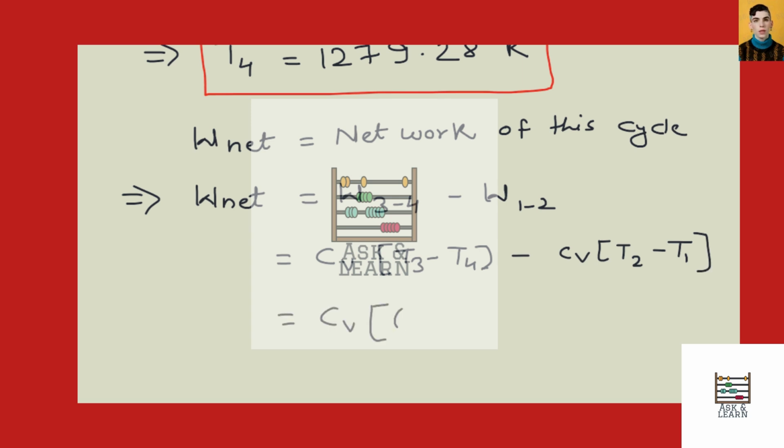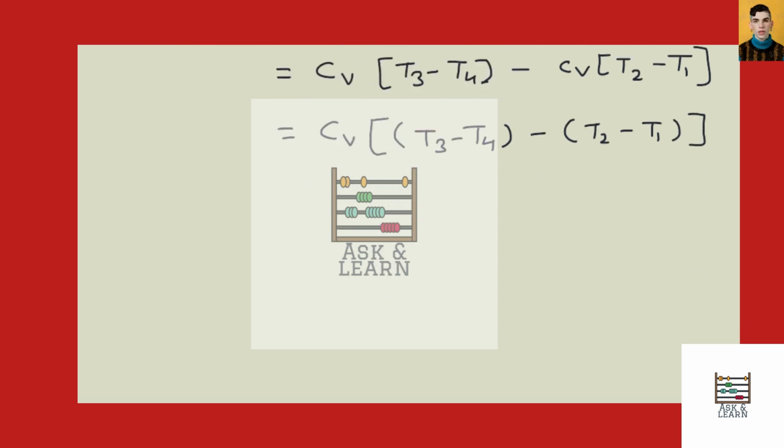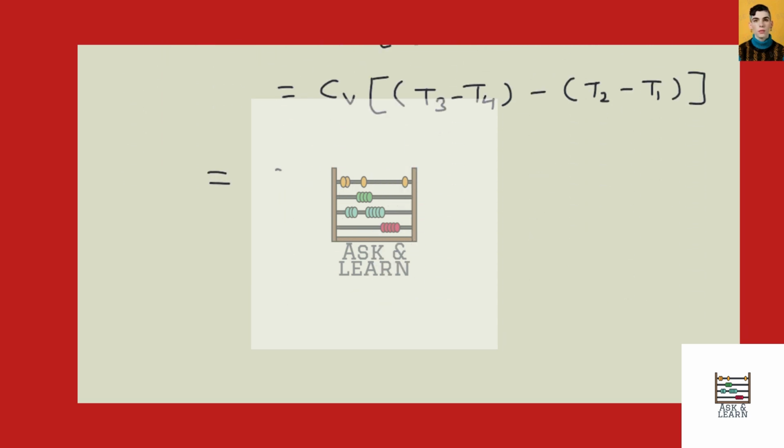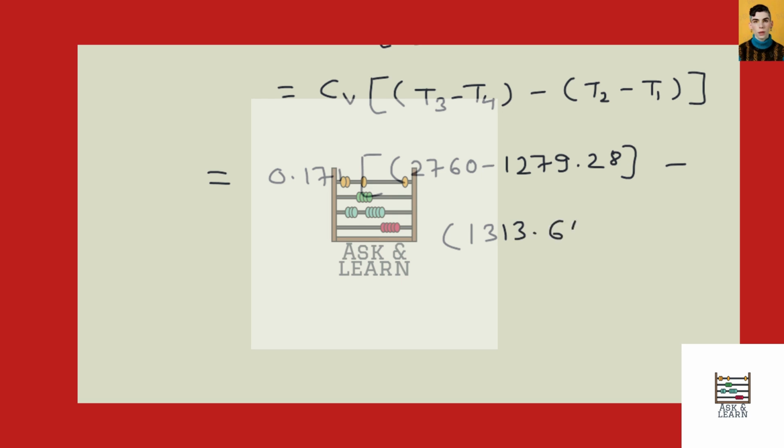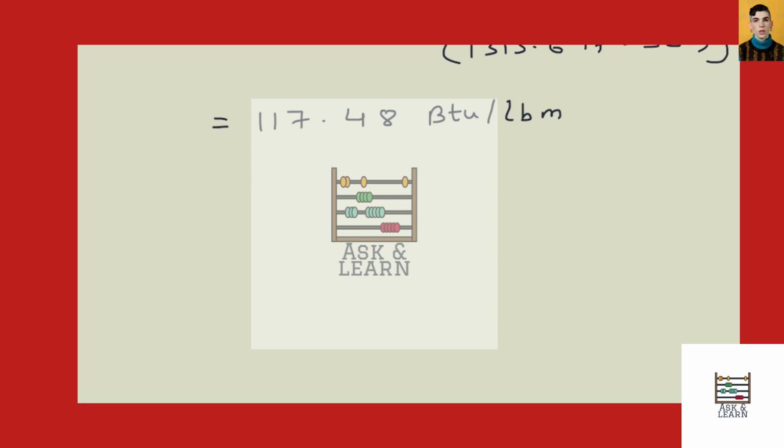Taking Cv common and putting the given values, W net is equal to 0.171 times 2760 minus 1279.28 minus 1313.647 minus 520. On solving, 117.48 BTU per lbm is our answer.